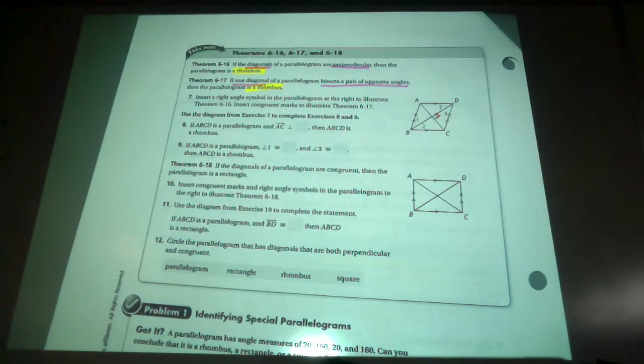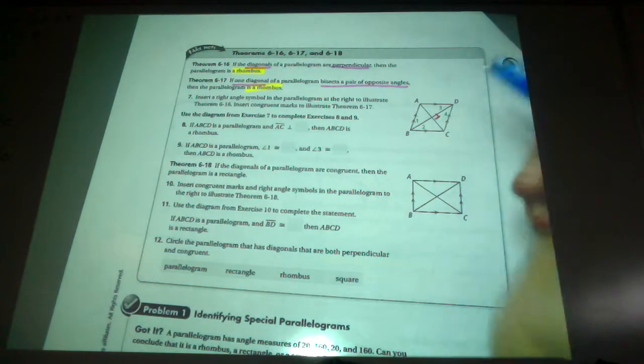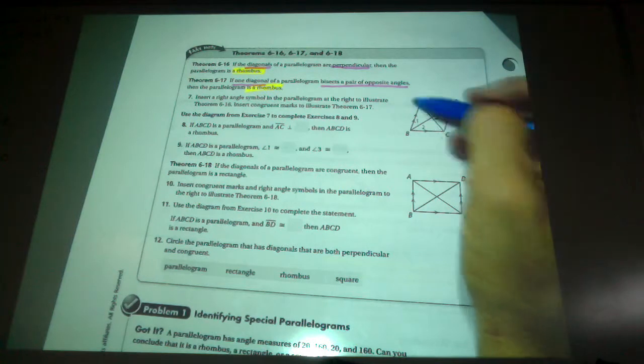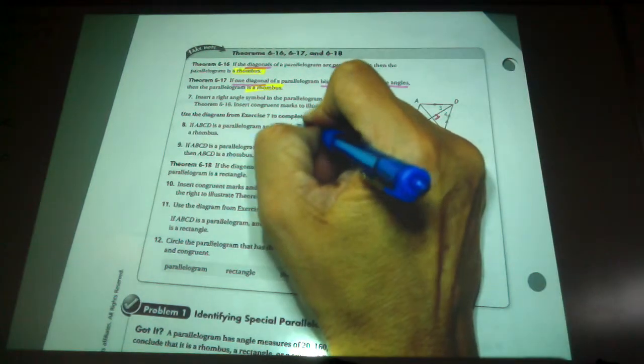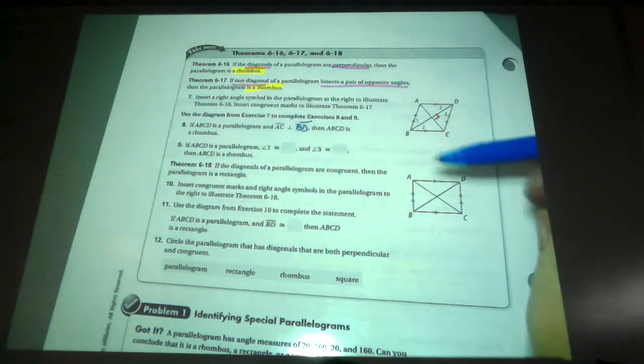Number 8, if ABCD is a parallelogram and AC is perpendicular to what? What would AC be perpendicular to? It's going to take a long time if you guys don't cooperate. BD. Then we have a rhombus.